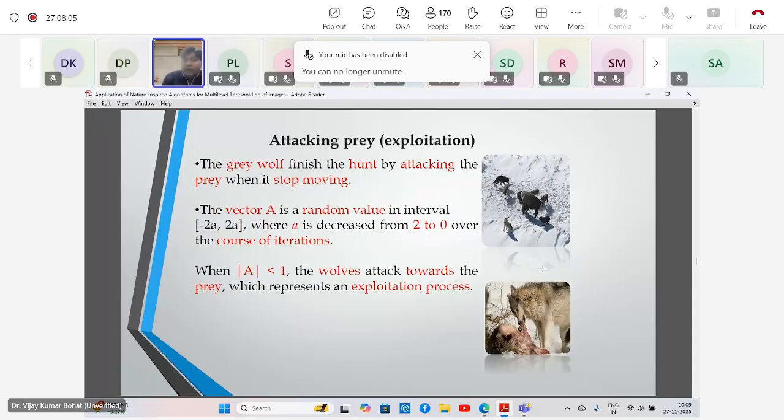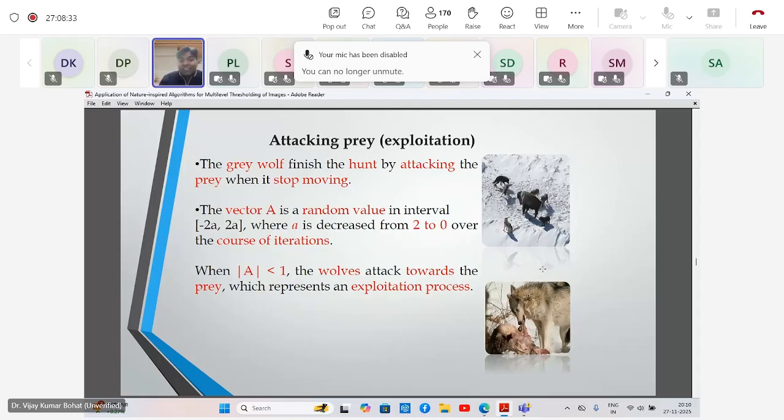The vector A is a random value in the interval between -2a and 2a, as we have seen in its equation. When a is decreased from 2 to 0 over the course of iterations, we can say it is doing exploitation of the search space, because the circle that the grey wolves have made around the prey is shrinking with the lapse of iterations. So with the lapse of iterations, exploration is decreasing and exploitation is increasing.